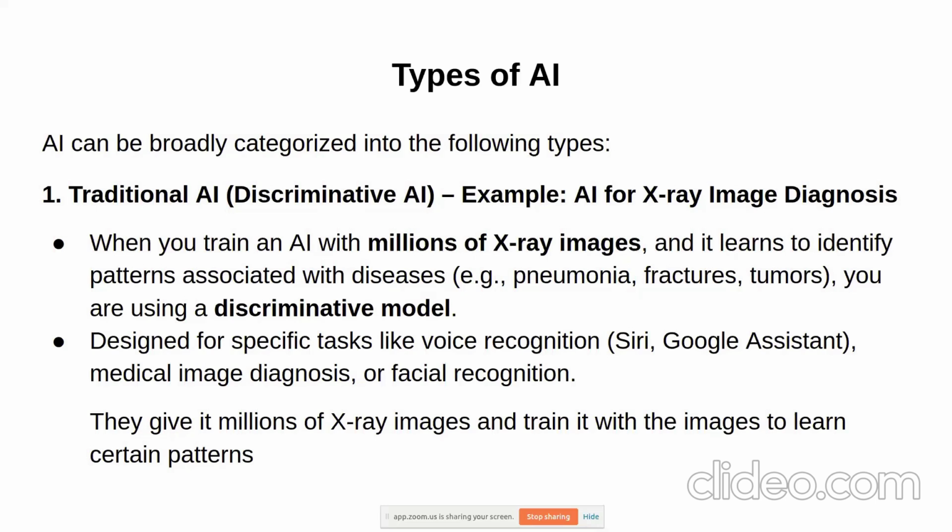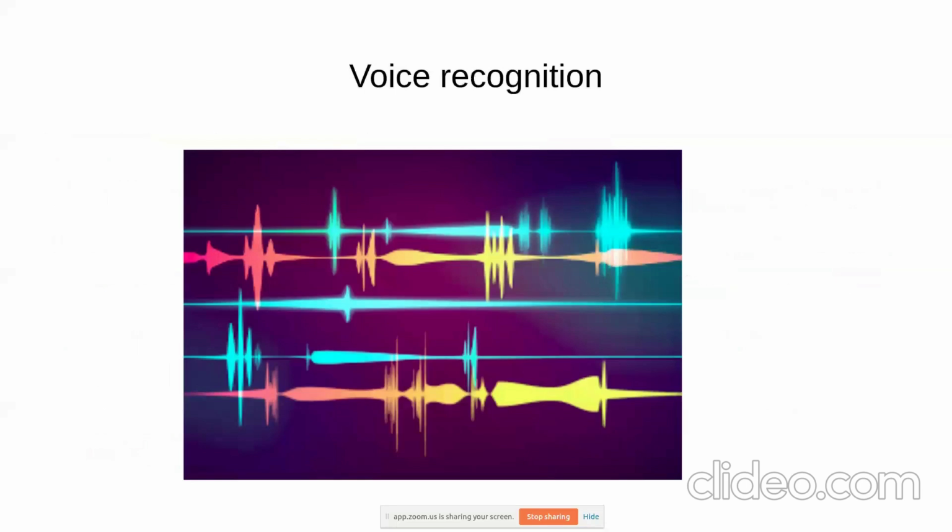As part of discriminative AI, there's also voice recognition. This is how a computer picks up your voice. When you speak, the high pitches and the low pitches and everything in your voice is picked up by the computer, and it characterizes it with a kind of pattern. The way you say a word has a pattern that's different from what another person's pattern would be.